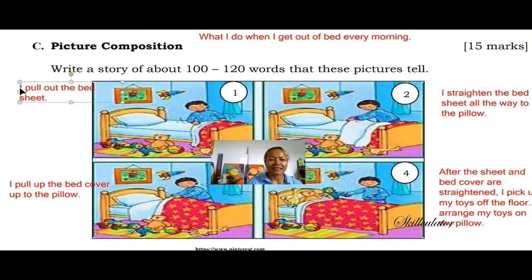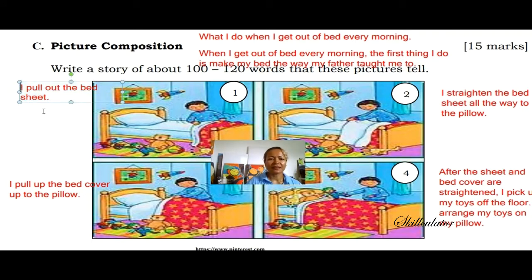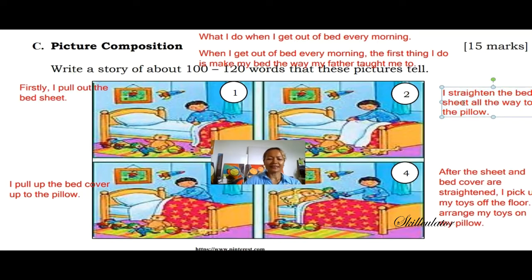So the first line can be, firstly, comma, I pull out the bed sheet. And then the second line is, then I straighten the bed sheet all the way to the pillow.